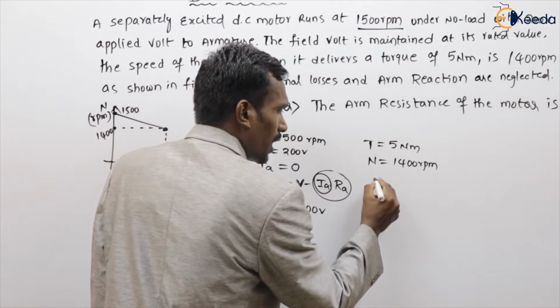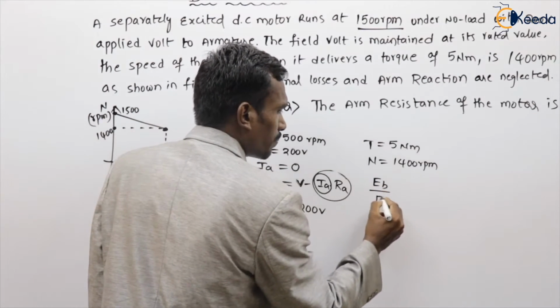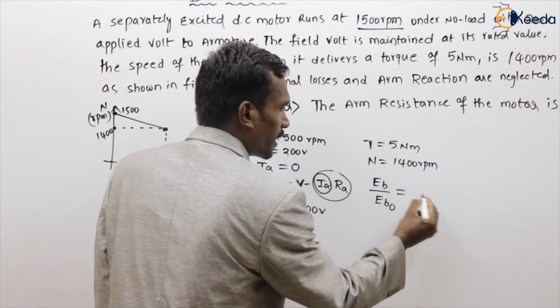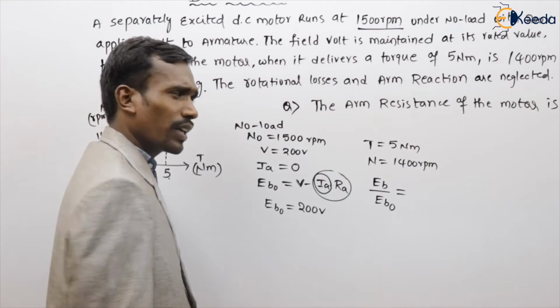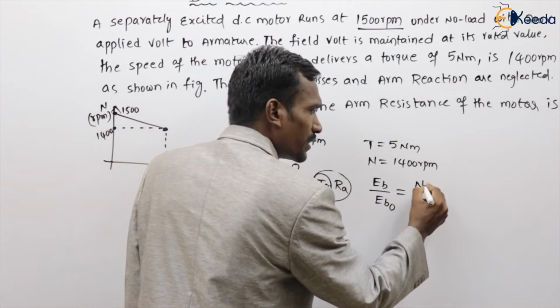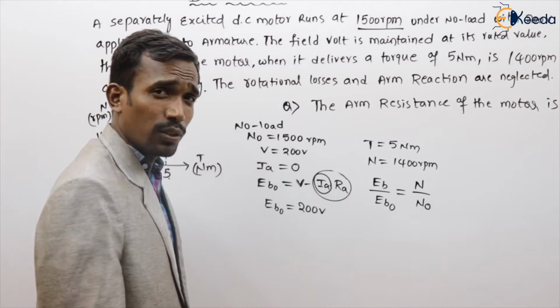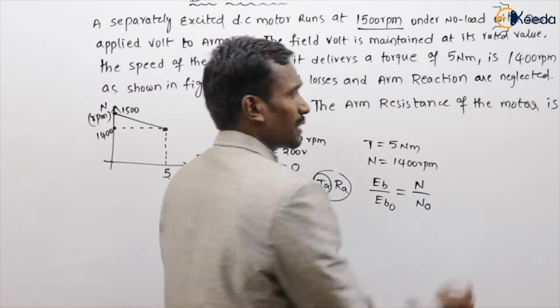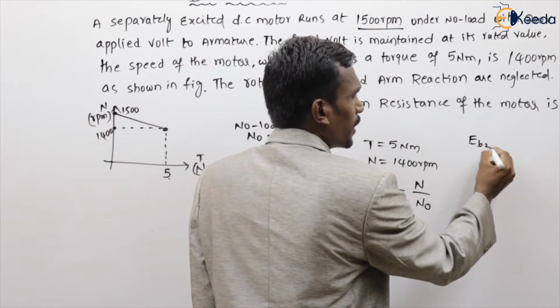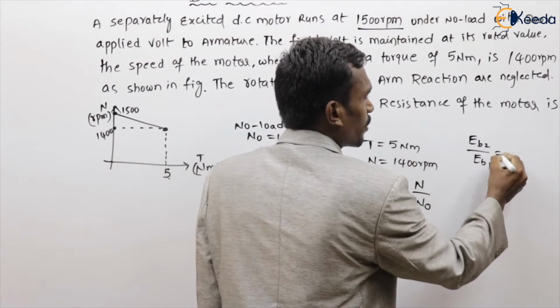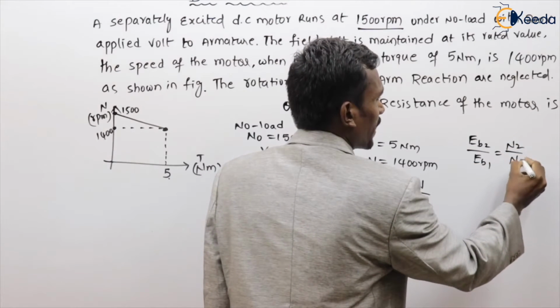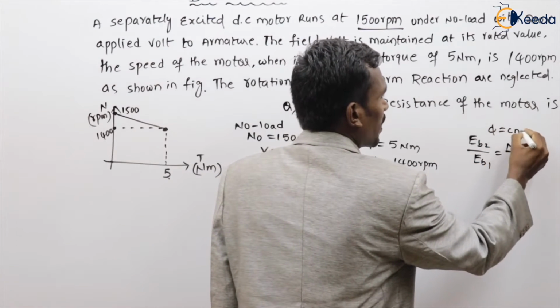Now, Eb divided by Eb0 is equal to N divided by N0. Yes or no? Separately excited, right? For a separately excited machine, Eb2 by Eb1 is equal to N2 by N1 because the flux is constant.